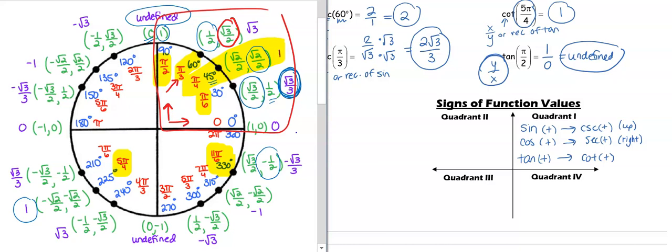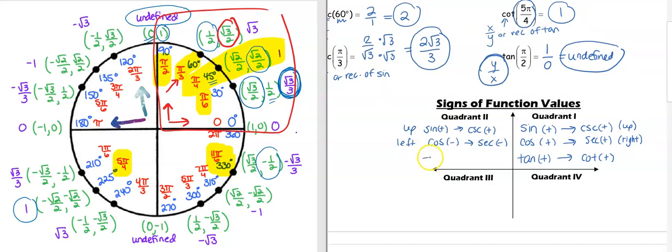However, when I start moving to quadrant 2, I am moving left and I'm moving up. Because I'm going up, my sine is still positive, and therefore my cosecant is still positive. But I'm going to the left, and because I'm going to the left, now my cosine has changed to negative, and that means that my secant is also going to be negative.